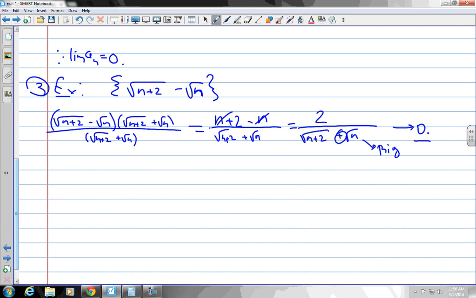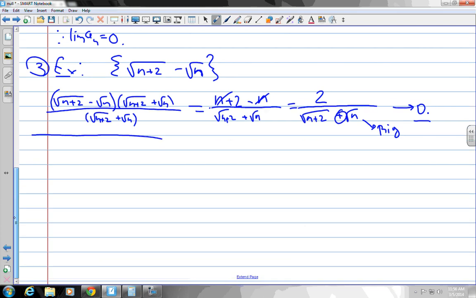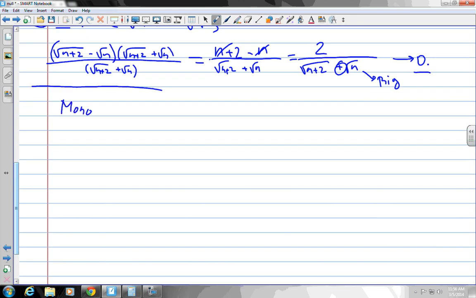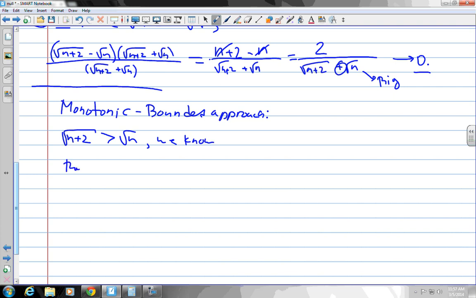Can we show that it's decreasing? You can try with the derivative. And again, I'm just playing right now, so you can say the monotonic bounded approach. So since square root of n plus 2 is greater than square root of n, we know that square root of n plus 2 minus square root of n is greater than or equal to 0, whatever, right?